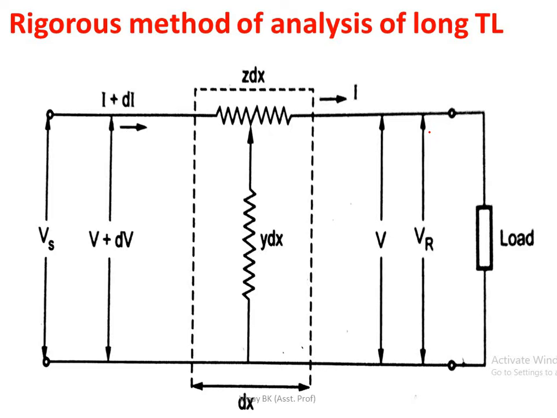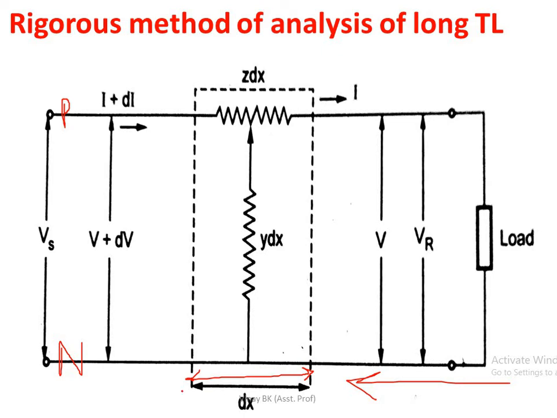The circuit diagram shows one phase and one neutral connection, with the impedance Z, which is nothing but R plus jXL, and the shunt admittance Y. Here, just consider a small element in the line of length dx, placed at a distance x from the receiving end.